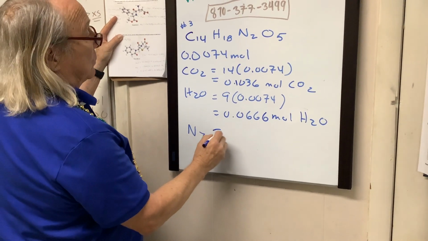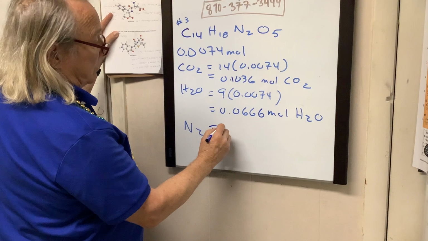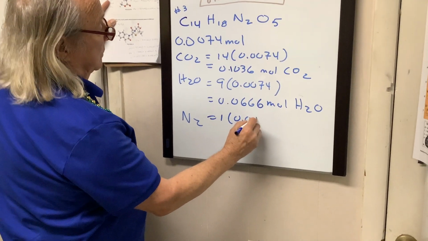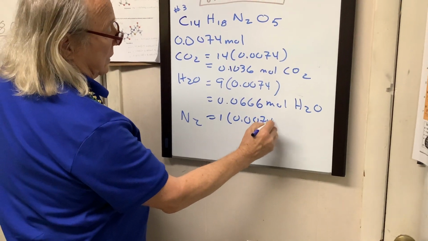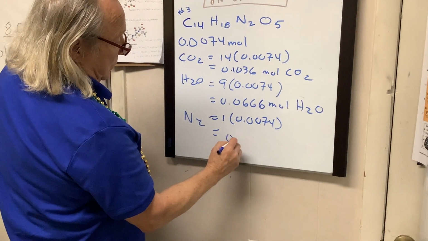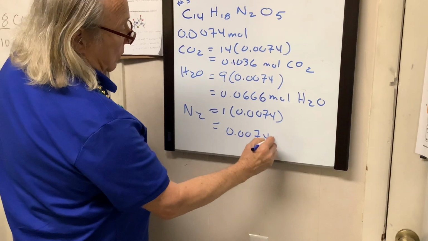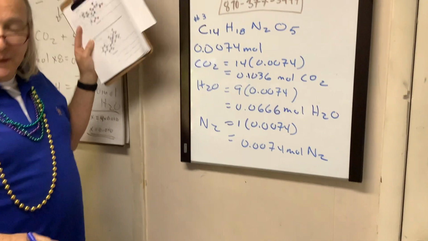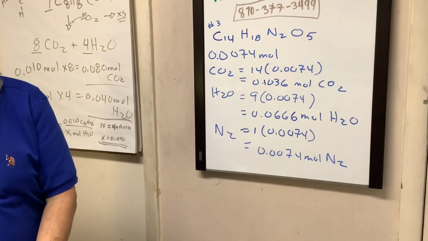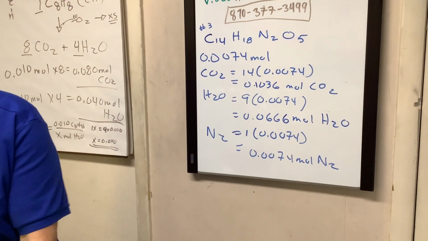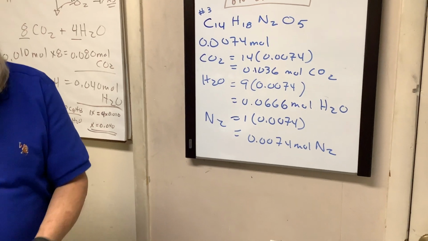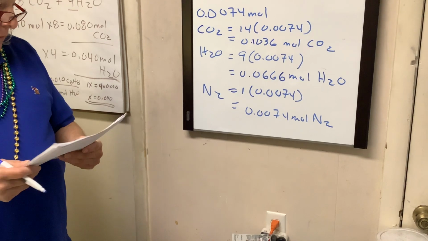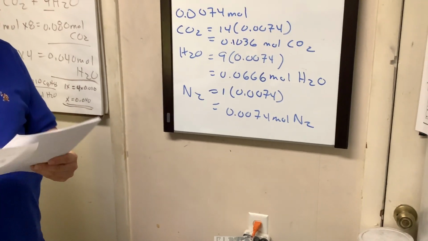And so that's 1 times 0.0074, which is equal to 0.0074 mole of nitrogen gas will be produced in your combustion analysis of this compound. 1 mole will be produced for every mole. And if you start with 0.0074 moles, you'll make that much.